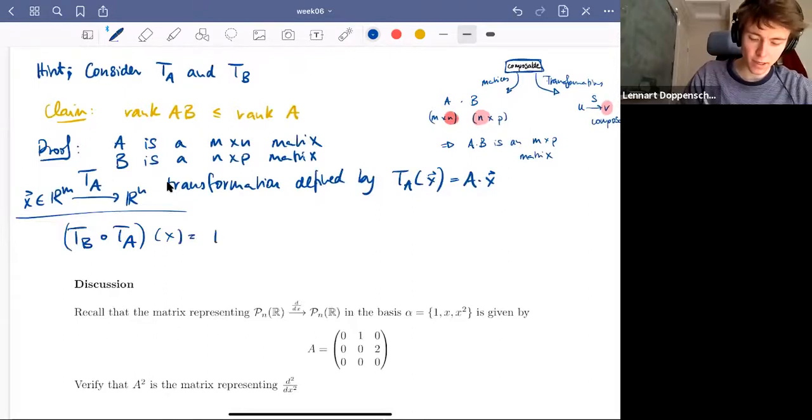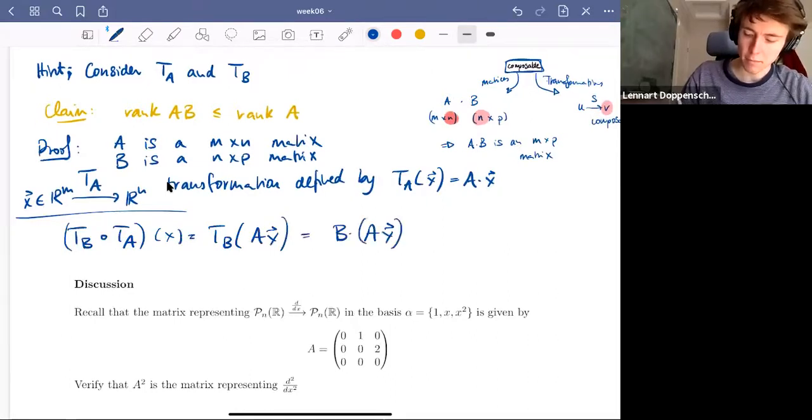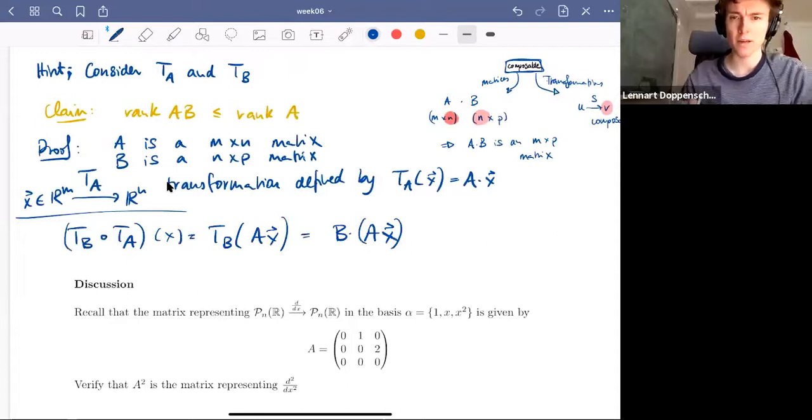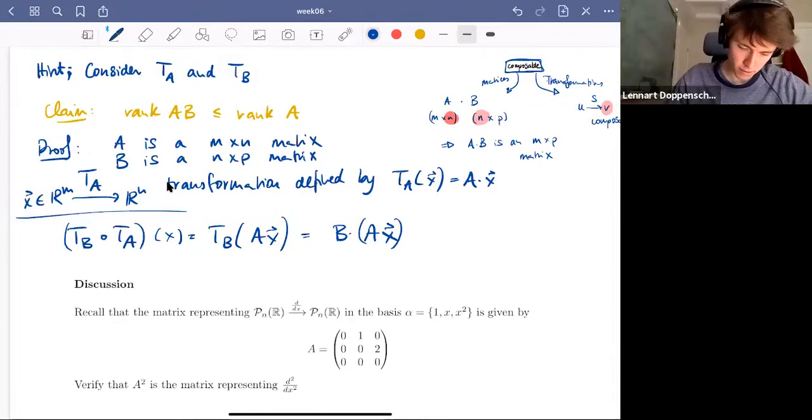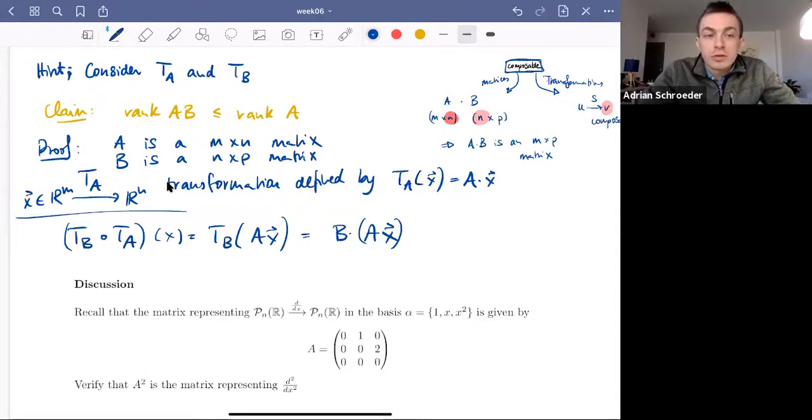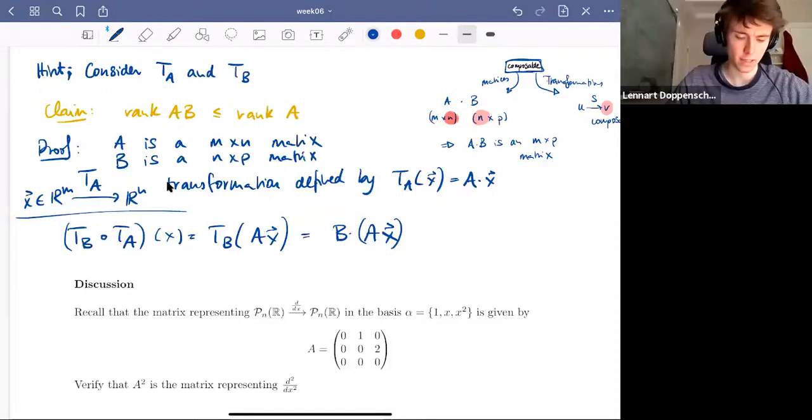This is going to be T_B applied to A times x. This is going to be B applied to A times x. But by the definition, this is going to be the matrix product. Did I mess this up? Yeah, I think the transformation goes from R^n to R^m. So this is R^n to R^m.